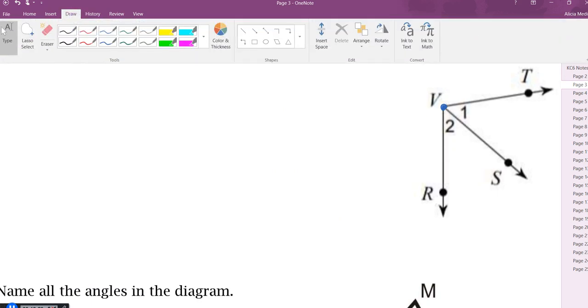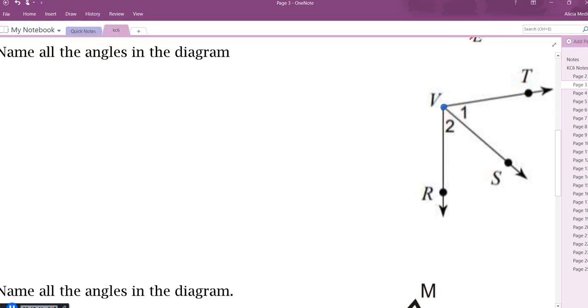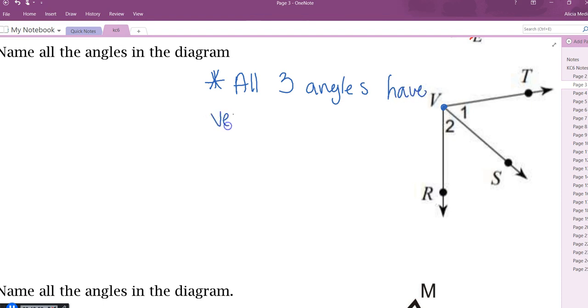So what I'm talking about is that, I'm gonna write it here. So all 3 angles have vertex B, right, at this point right here.